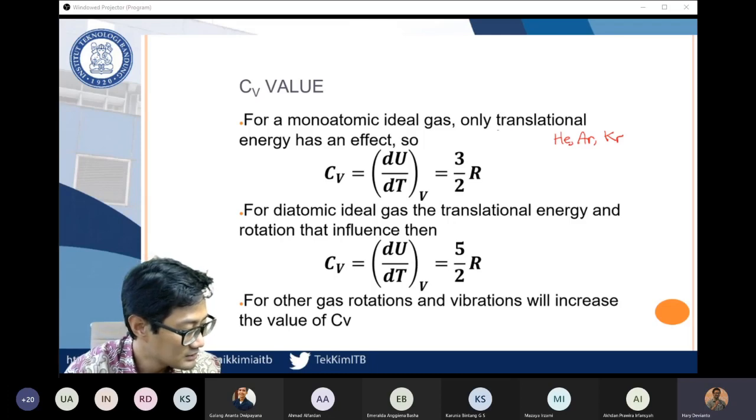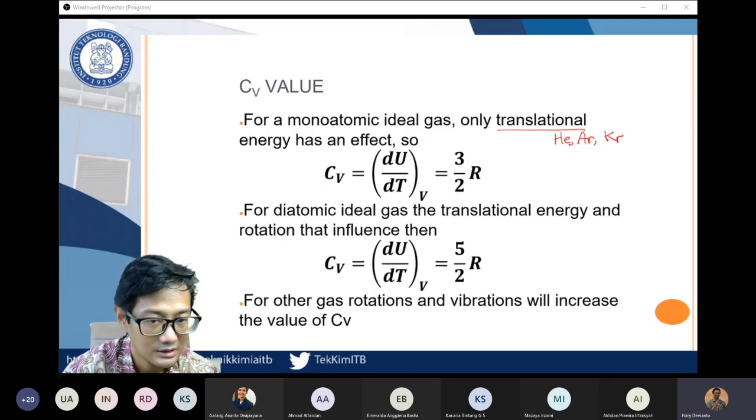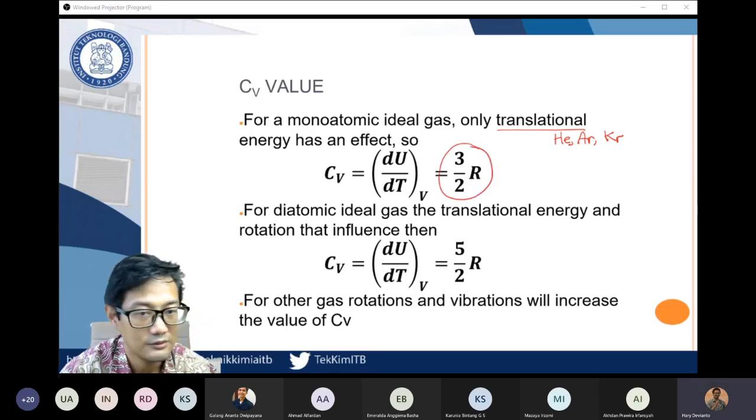In this case, only translational energy has an effect. So the value of Cv for this type of ideal gas is 3/2R.